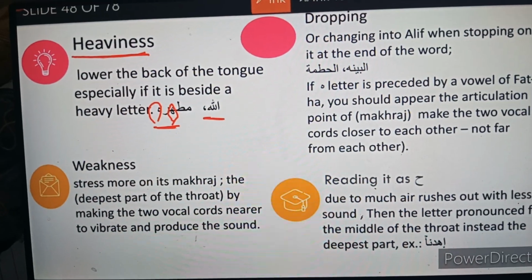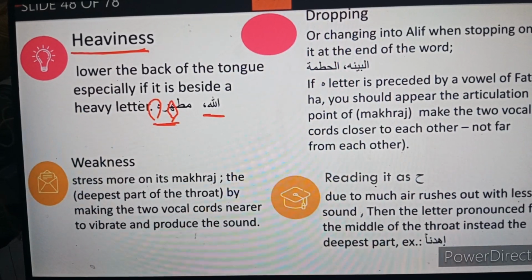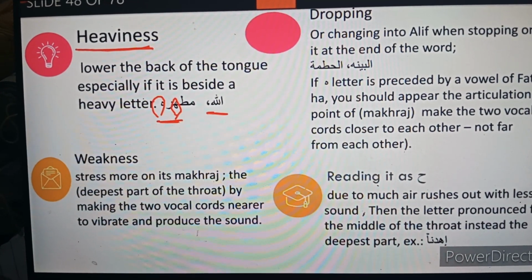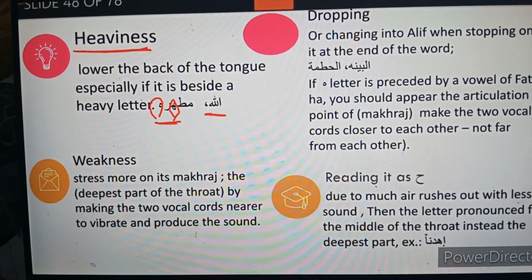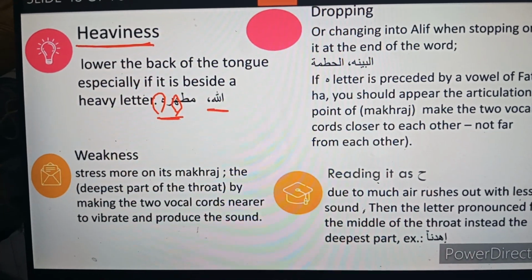This is the wrong way. We have to return the tongue back, and say Allah like that.